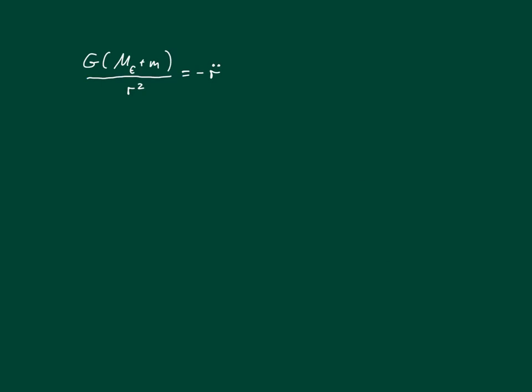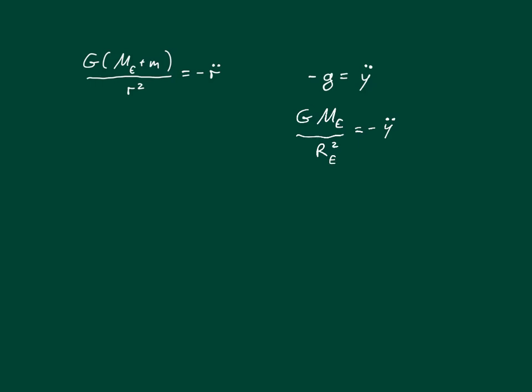But before we solve this differential equation, let's first compare it to our first result, which was minus g equal to the second time derivative of y, which is G times the mass of the Earth divided by the radius of the Earth squared, minus y double dot.